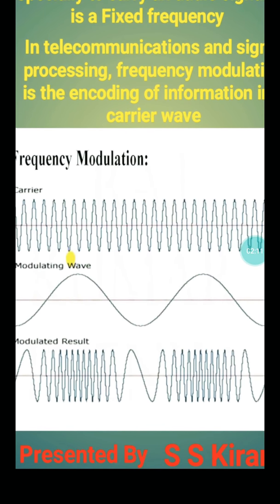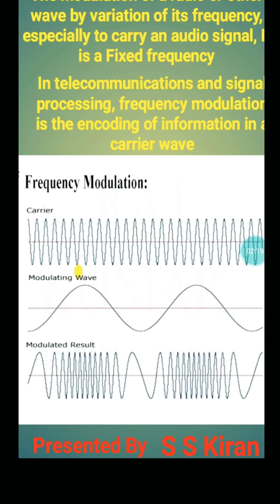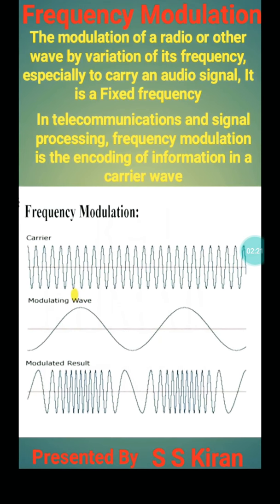In the positive peak there is some frequency variation, and in the negative peak we also get some variation in the frequency. In audio signals, the frequency modulation technique is used.